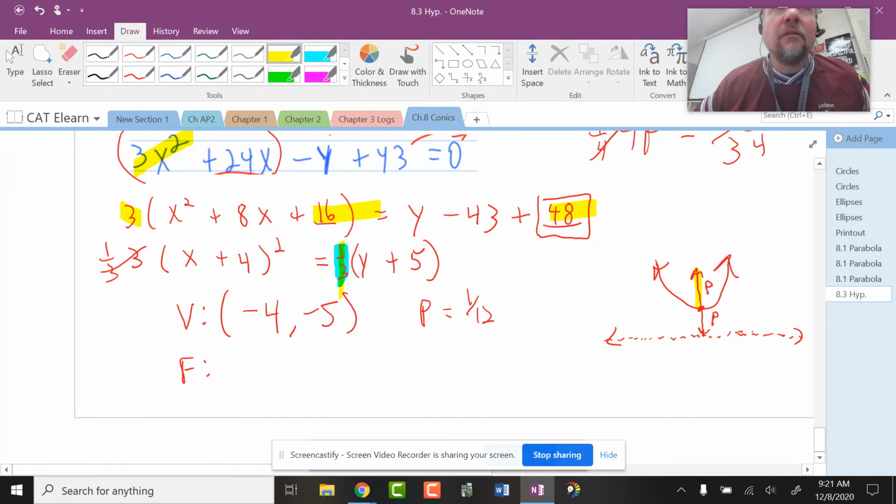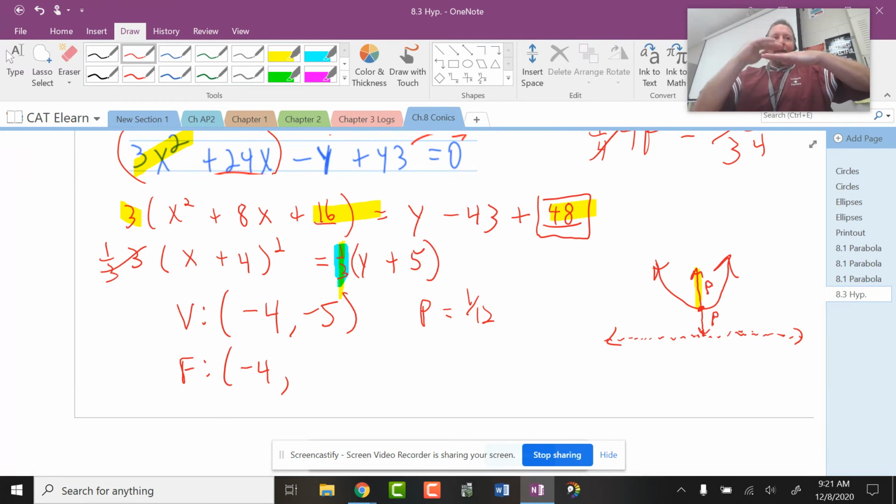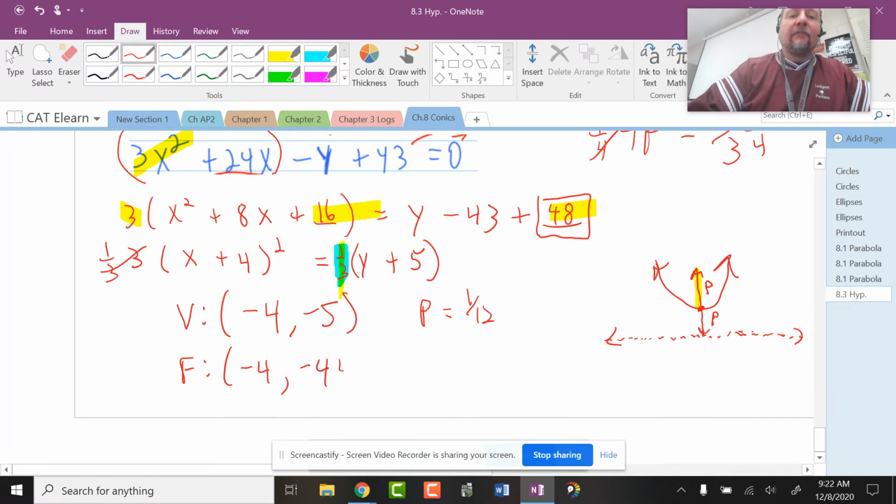Okay. So you're saying the x coordinate doesn't change. Good. What would that be if I'm here? Look at my hand. Here's -5, and I have to go 1/12 above that. What would that y value be, mathematically without a calculator? Negative. Nice. -4 and 11/12.